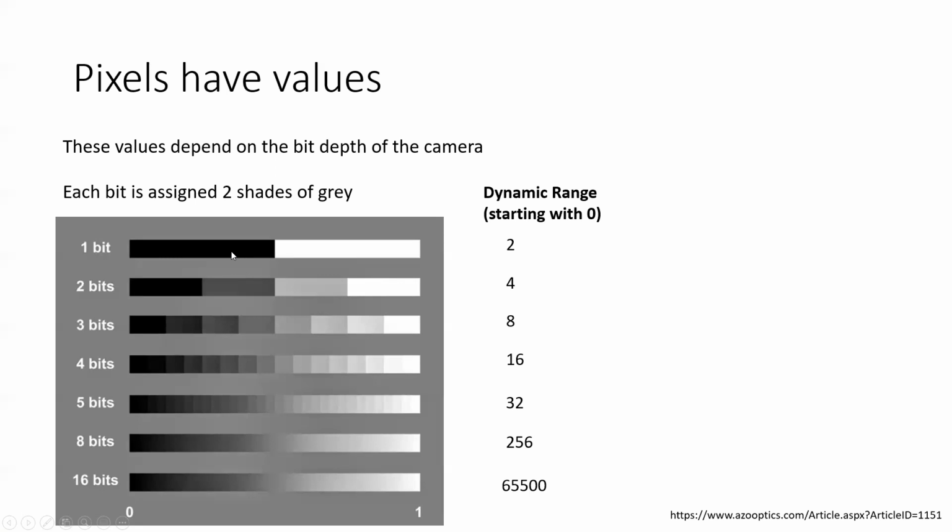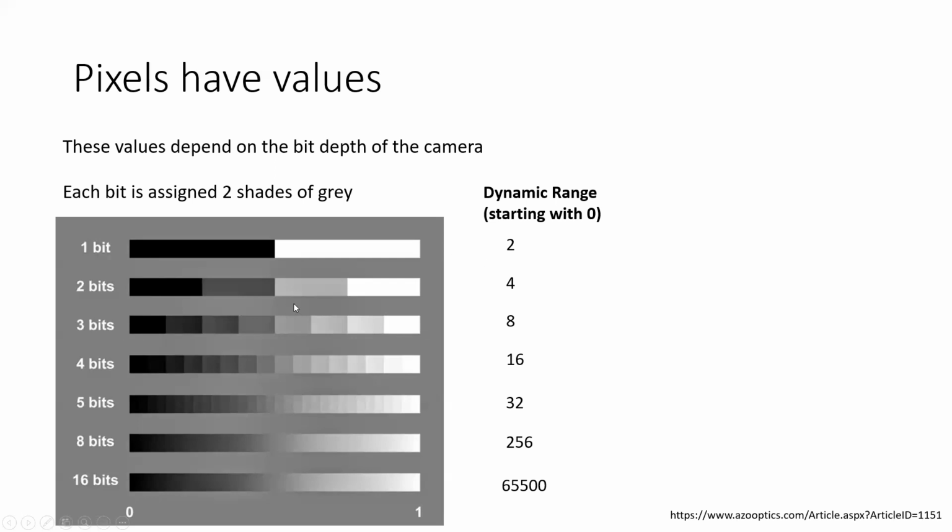A bit refers to a shade of gray. So how many shades of gray do you have within the pixel? That is referred to as the intensity of the pixel, and when we sum all of that together, it's the intensity of the image that we are looking at. Something which is 2-bit has got 4 shades of gray, 2 to the power of 2.